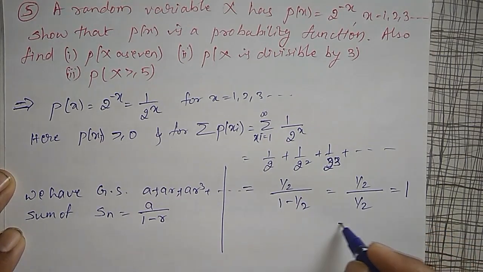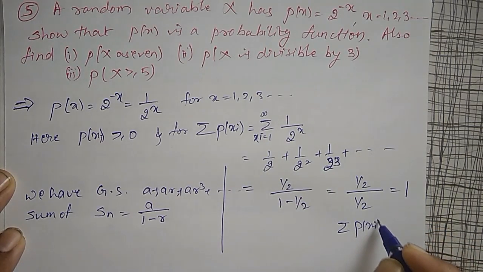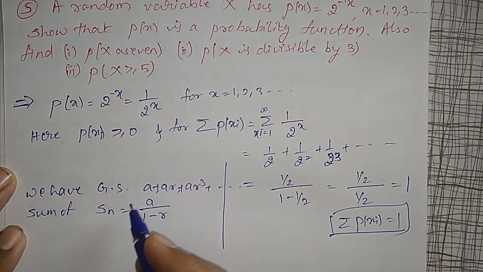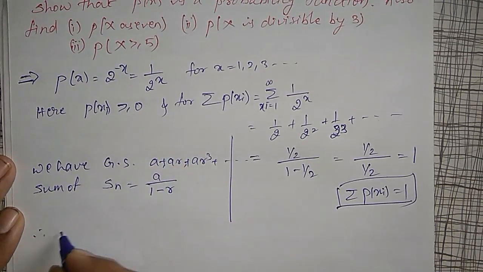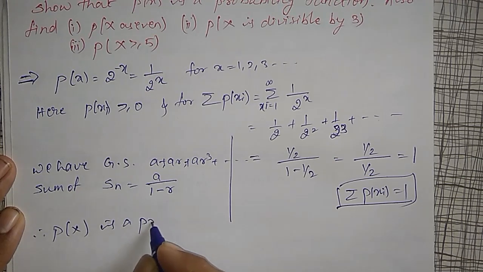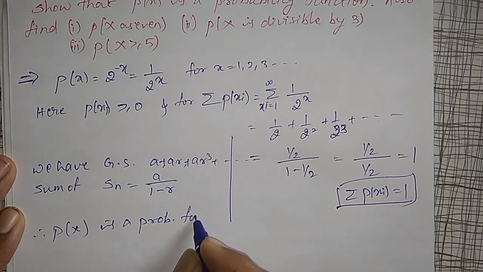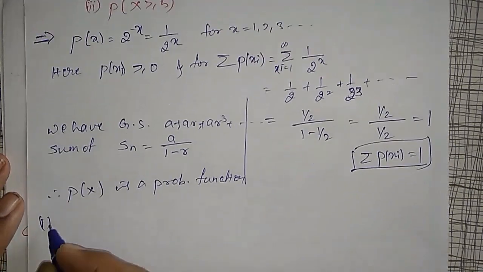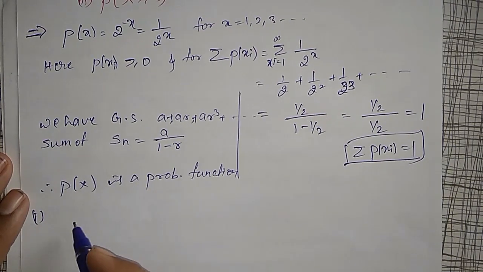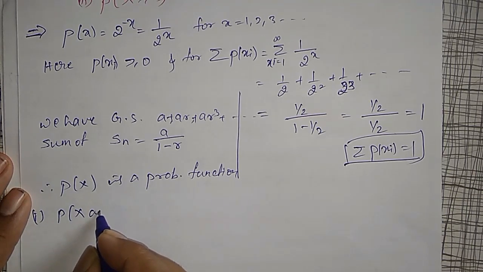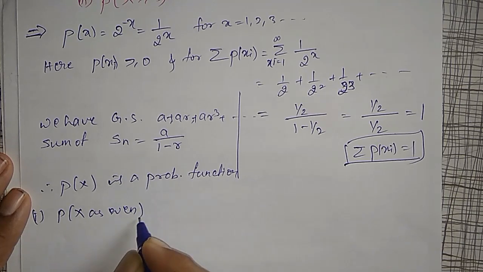Summation of p of xi is equal to 1, we have proved here. Therefore, p of x is a probability function.